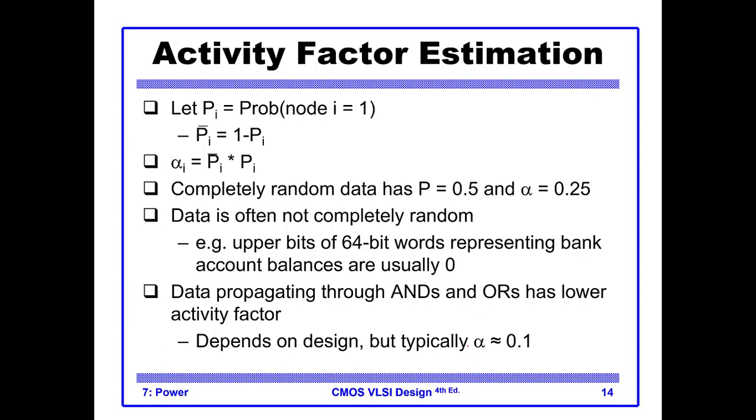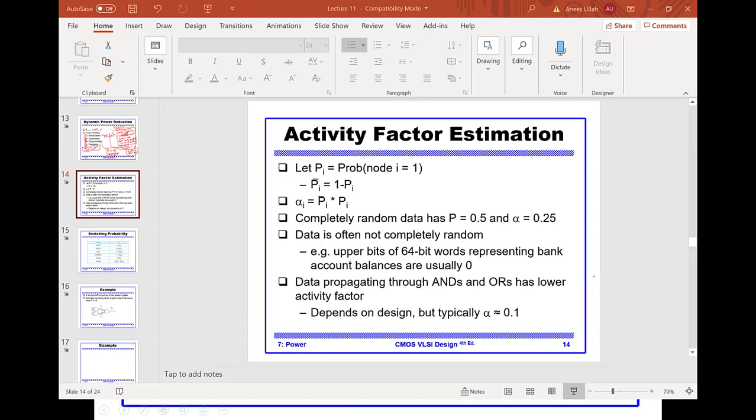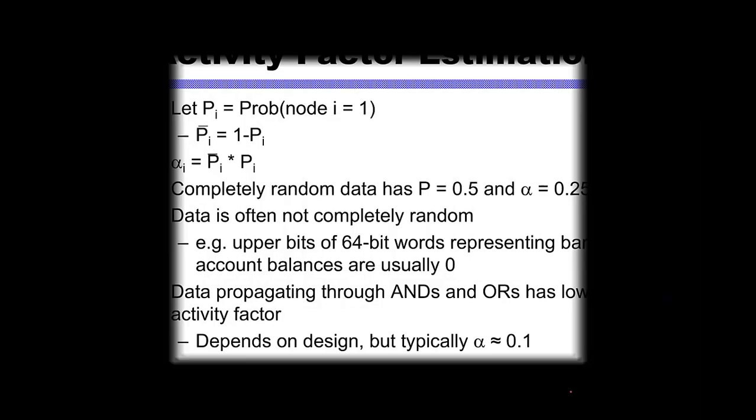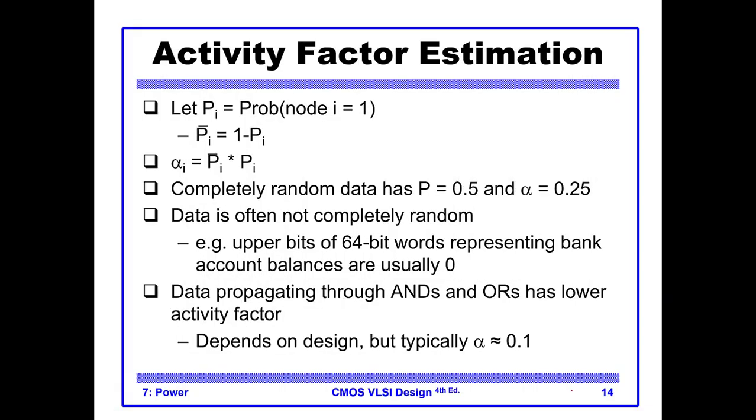Okay, so activity factor estimation. Let Pi be the probability that a node i is 1. You know that probability always ranges from 0 to 1.